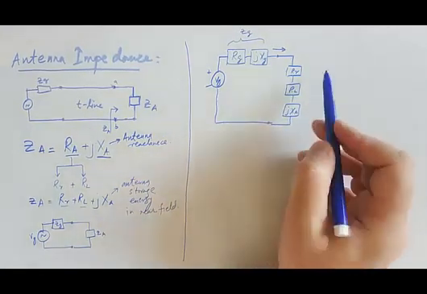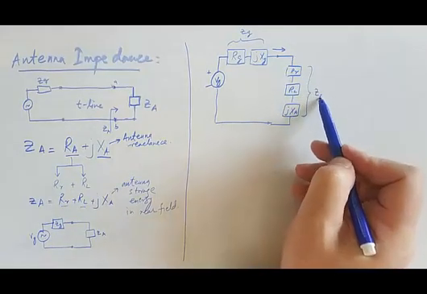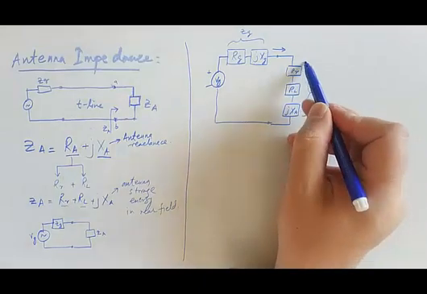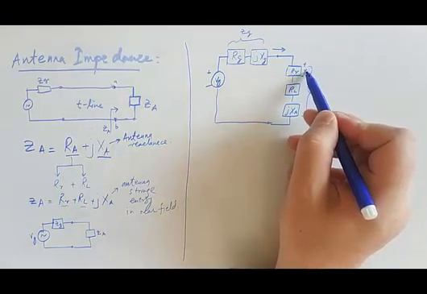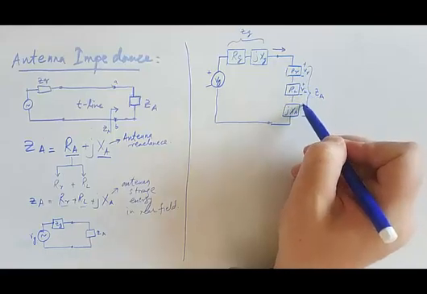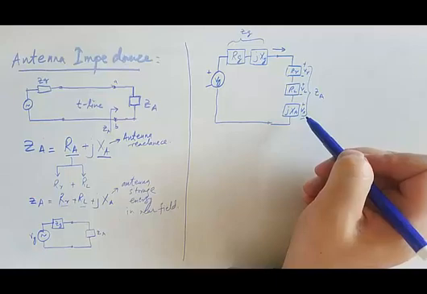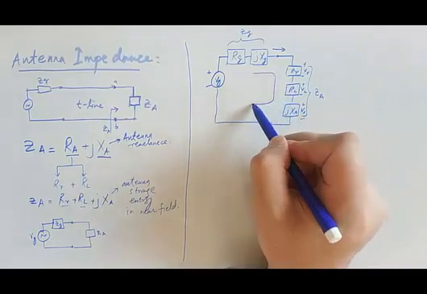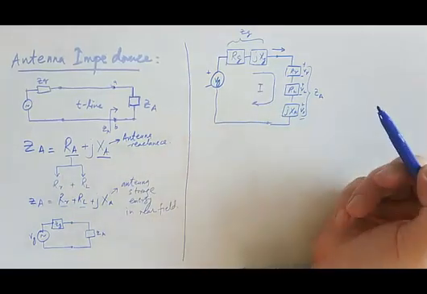This portion is my antenna impedance. Now the voltage drop over here is VR, the voltage drop over here is VL, and the voltage drop over here is Vx, and the current flowing through the whole circuit is I.